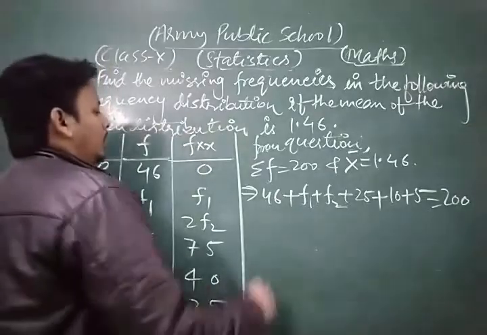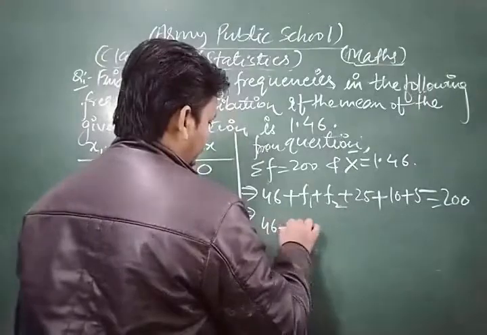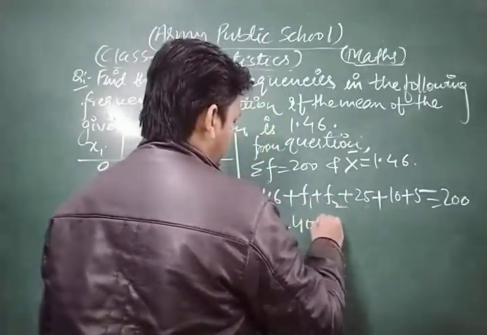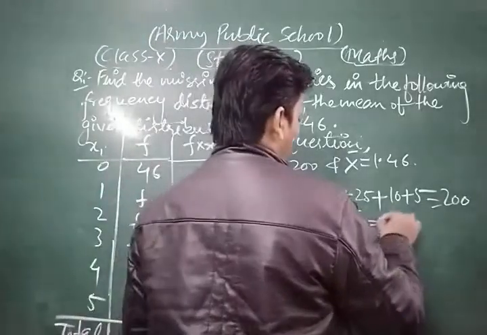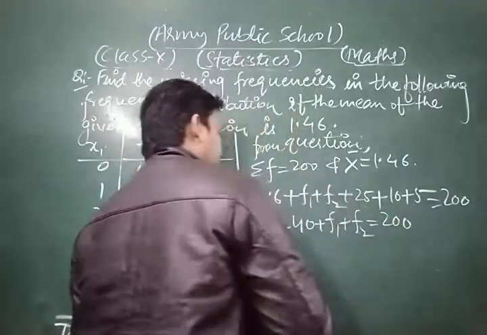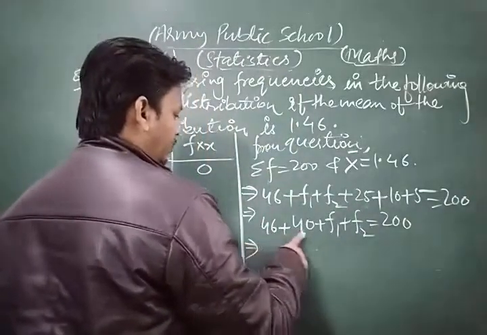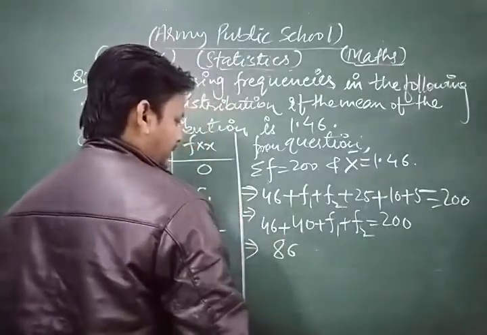Look. So here 25 plus 10 plus 5 is 40, plus f1 plus f2 is equal to 200. Now 46 and 40 is 86.